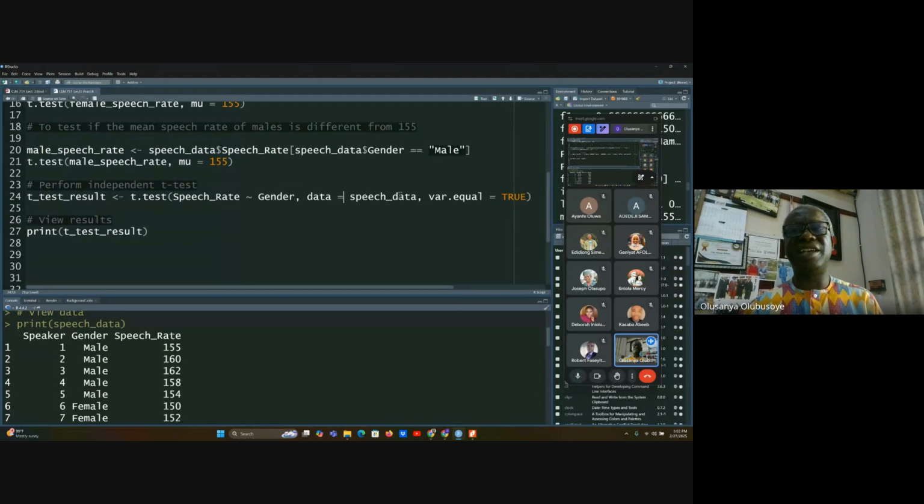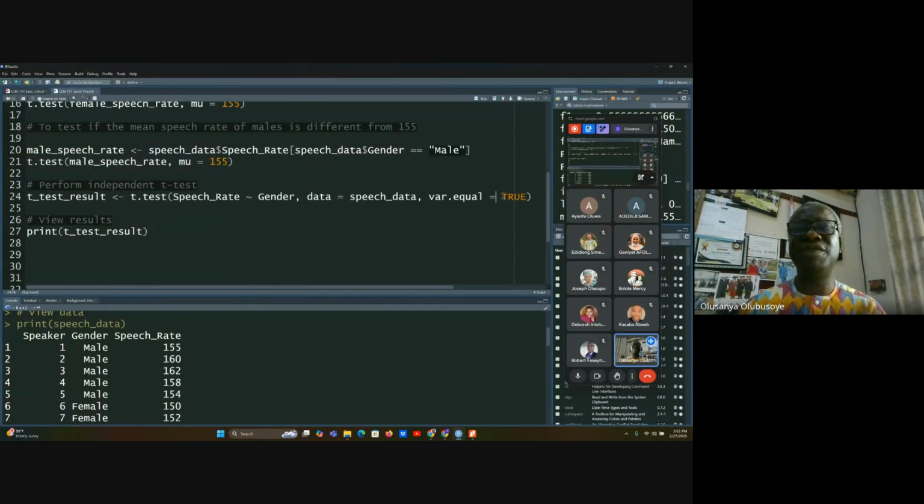And then the data is here. Then you always need to specify that they are independent, because we believe the two groups are separate groups, and that each group has equal variance.